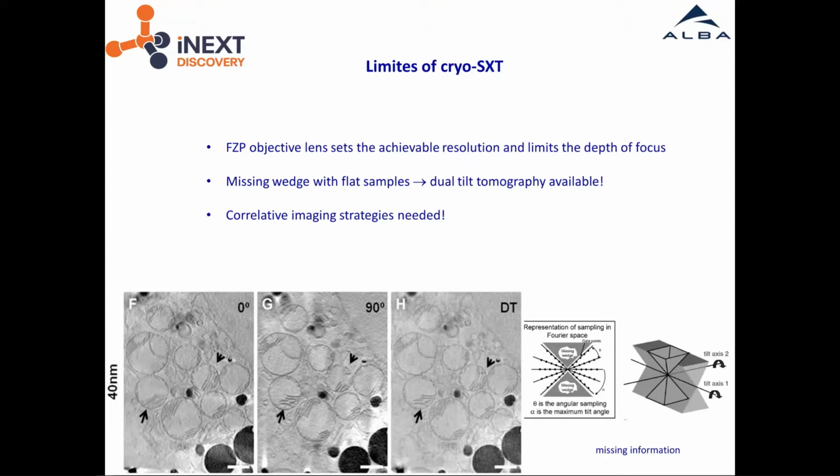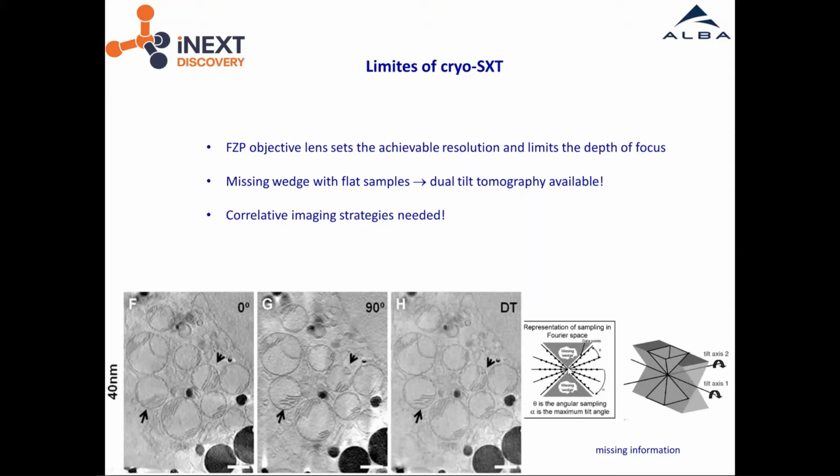In addition to that, to these limitations, we have the missing wedge. Because we are using flat samples, we cannot rotate plus minus 90 degrees. We are rotating only plus minus 70 or plus minus 65, depending on the lens that we are using. So this means that, as you can see, you have a missing wedge.